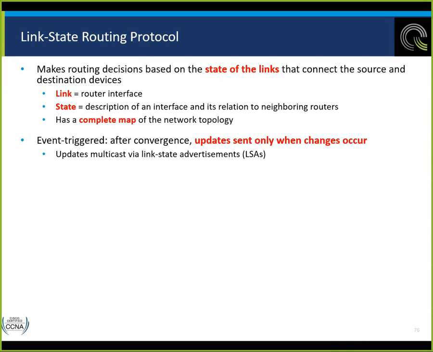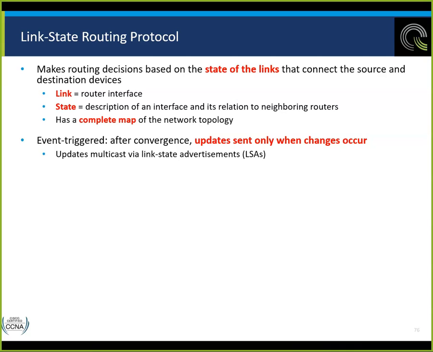So all of the link state devices are going to be sharing the information with all the other link state devices to create this consolidated picture of the network so that it can make an intelligent decision on what's going to be the path that will be used. They are event triggered after convergence, which is an advantage, so that if nothing happens, we don't do any updates. We don't need to do any updates when we do that.